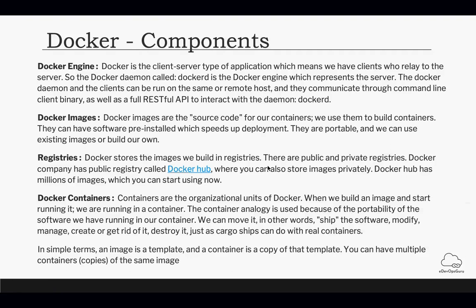It's a client-server architecture where you have clients and the Docker daemon, which is called dockerd, is the Docker engine. If you just do a ps, you will find dockerd running in your system. That is the Docker engine, which you can say is the server part.